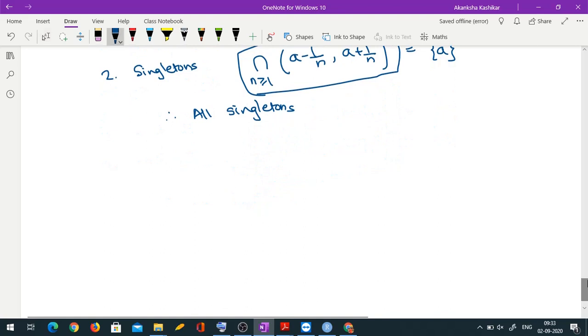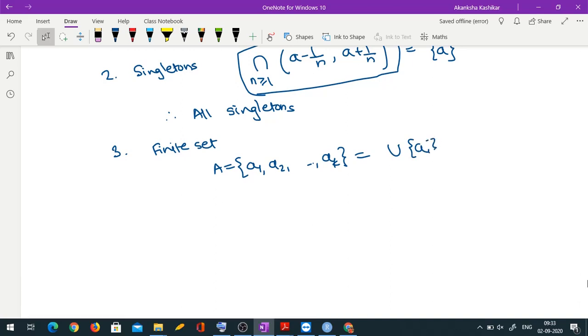Now, as soon as a singleton becomes a Borel set, every finite set also becomes a Borel set, because every finite set I can write as maybe A1, A2, up to AK, so it can be expressed as a finite union of singletons, and hence it is also a Borel set.